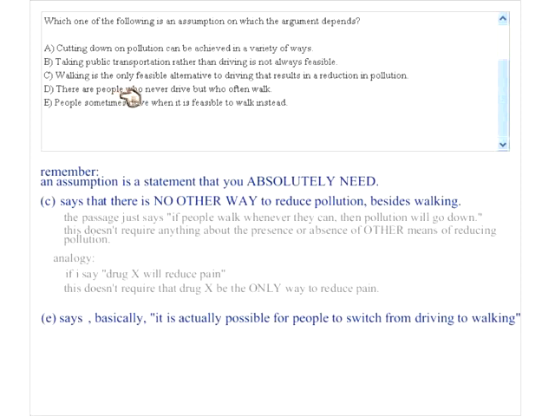That's what this means. People sometimes drive when it's feasible to walk instead. This means there are actually people who could potentially switch from driving to walking. All right, this is totally necessary since the argument depends on people's ability to switch from driving to walking.